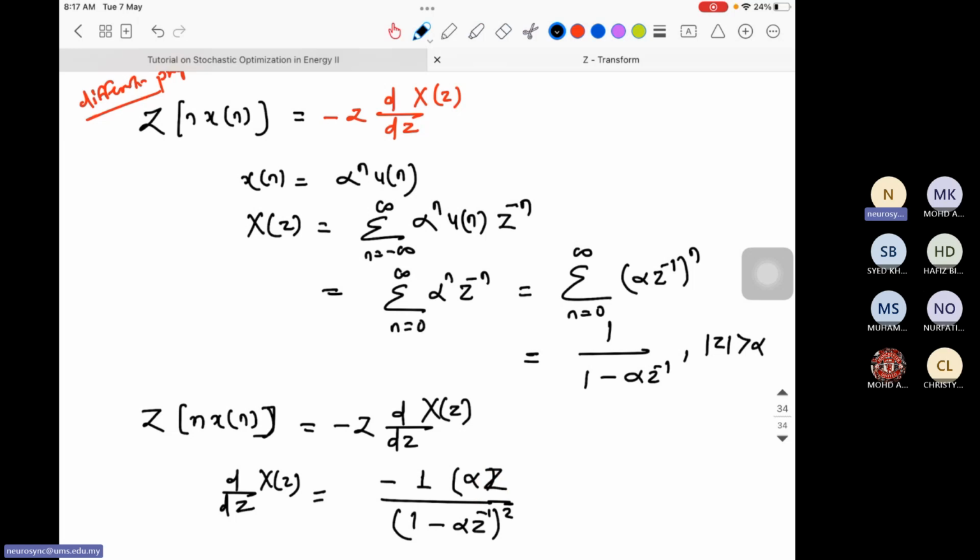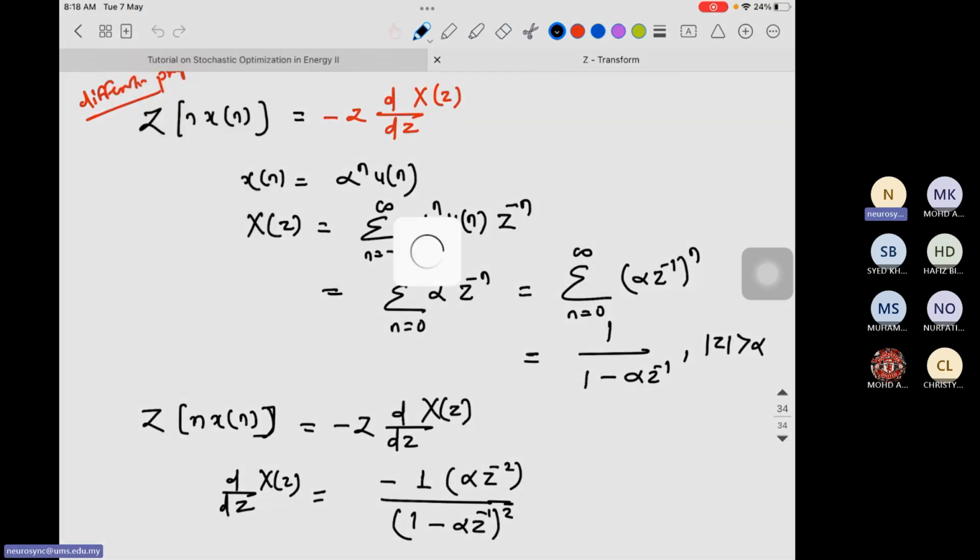No, this is z to the power minus 2 that will come. It will come here. This is minus 1 into alpha z to the power minus 2 that will come, if we apply the u by v rule.